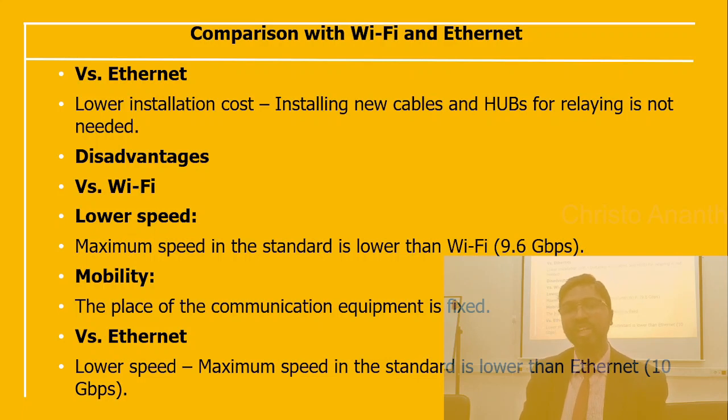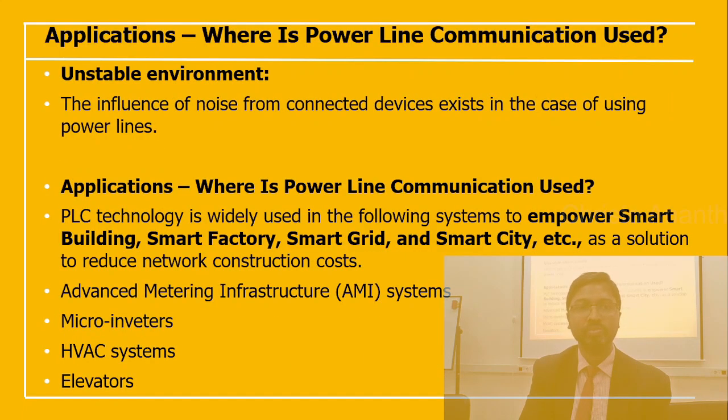And mobility: the place of the communication equipment is fixed compared with Wi-Fi. With Ethernet, the maximum speed is also lower, 10 gigabits, again a disadvantage of PLC communication. Then, compared with Ethernet, there is an unstable environment, where the noise from the connected devices keeps going on and on along the power lines.